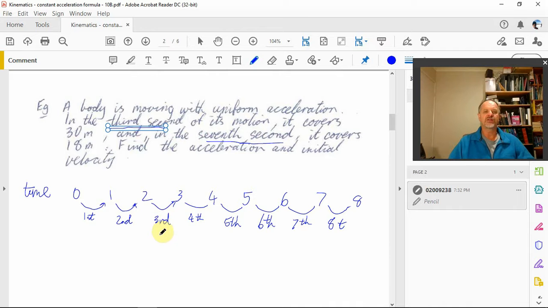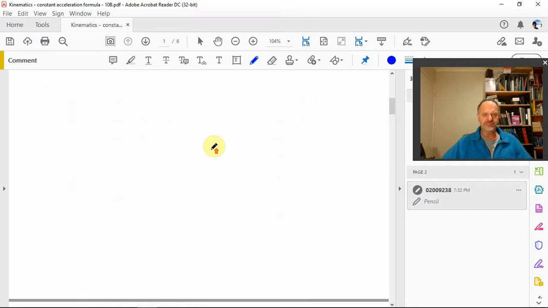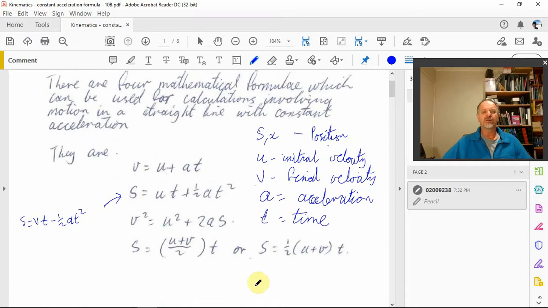All right, so the 3rd second is t equals 2 through to t equals 3. Now, with these formulas that we've looked at up here, they all relate to time being measured from the start.